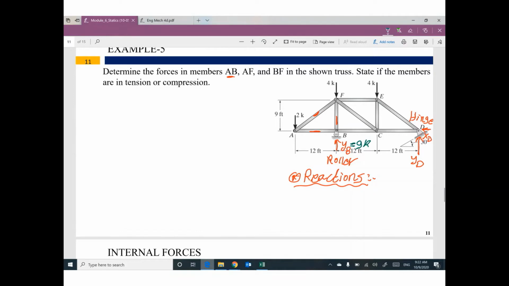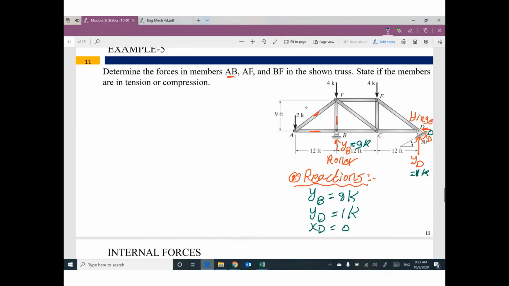If you apply summation f of y equals 0, this reaction will be 1 kip. If you apply summation f of x equals 0, this reaction will be 0. So reactions YB will be 9 kip, YD will be 1 kip, and XD will be 0 kip.